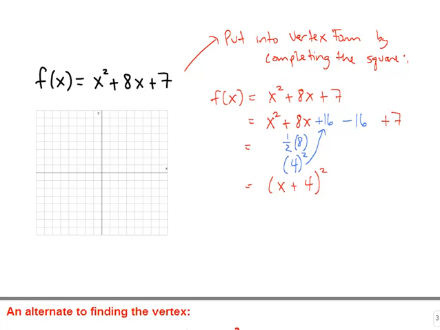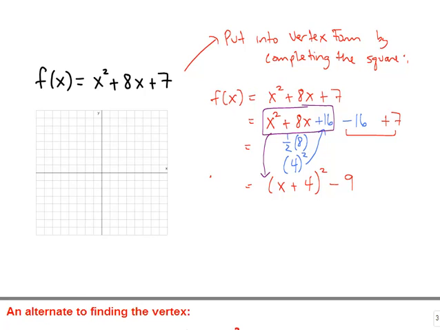However, with a little creative grouping, these 3 terms turn into my completed-the-square form, my perfect square right here. But on the end, we have these 2 constants. If I combine them, negative 16 plus 7 gives me a minus 9.